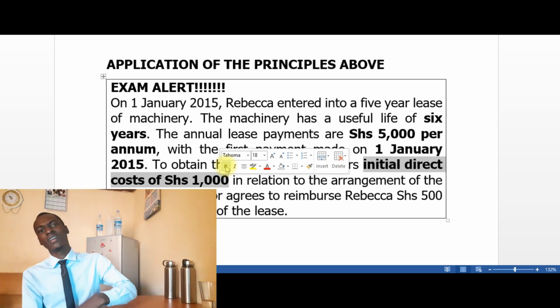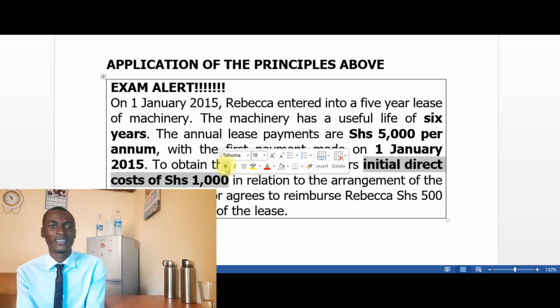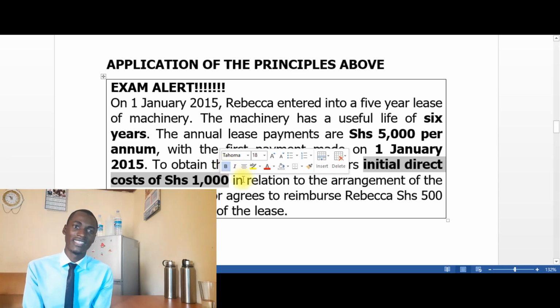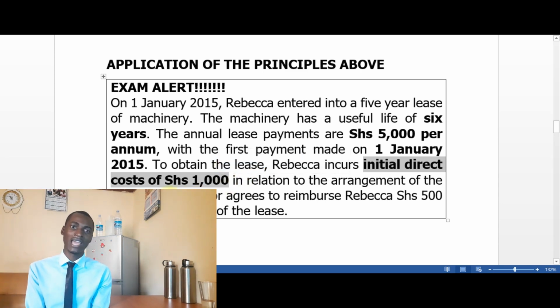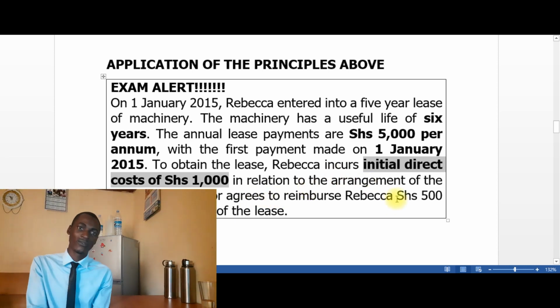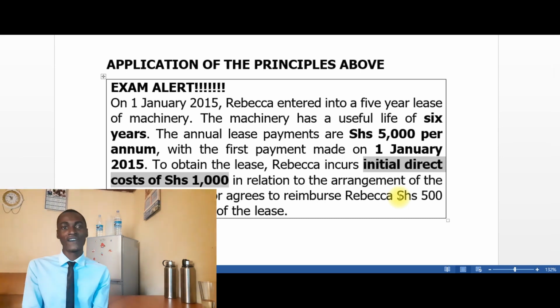Now you have to know that it's not just a matter of knowing the lessee accounting requirements under IFRS 16. Of course, you have to know the lessee accounting part of it, but remember the applicability. You have to know the standard contents and then how to apply them.